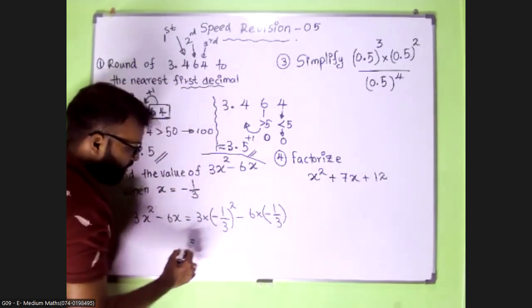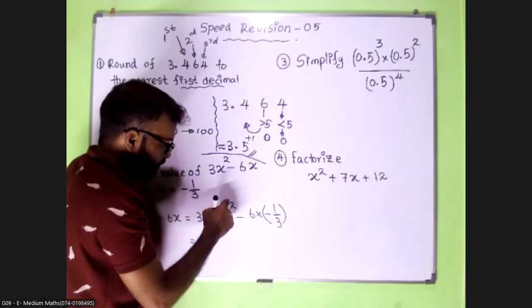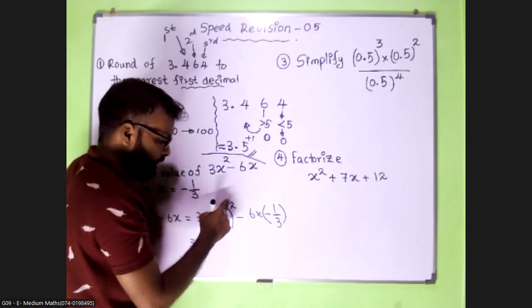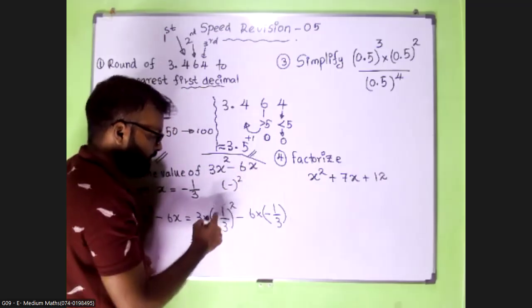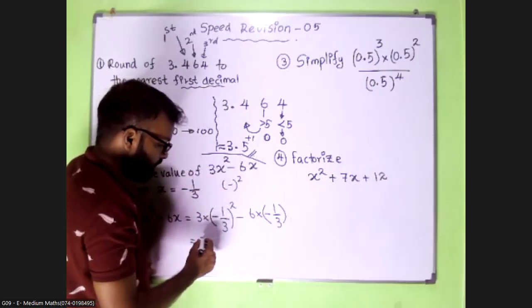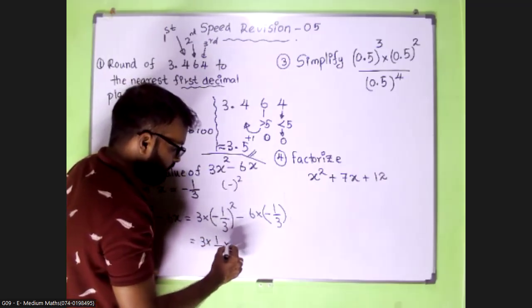This is a negative number and you are going to take the square. Negative number to the power 2 means positive number: 3 times 1 upon 3 times 1 upon 3.